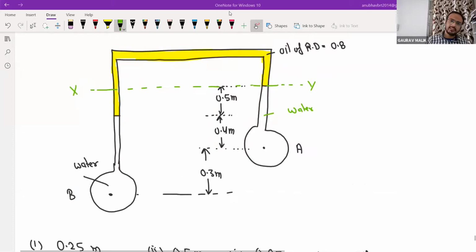Both A and B are water. Sir, we need to find PB minus PA. Very good. Option A is the correct answer.